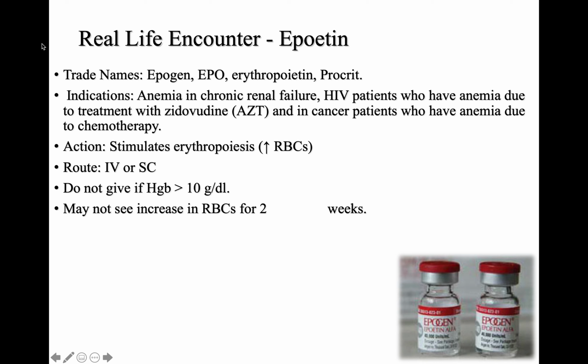It stimulates erythropoiesis, which hopefully will stimulate red blood cell formation. It can be given IV or sub-Q. We're not going to give it if the hemoglobin is greater than 10 because we don't want to overload that system, which absolutely could happen if we're giving a medication that's going to stimulate us to have this hormone. May not see an increase in red blood cells for 2 weeks, so it does take a while to happen.